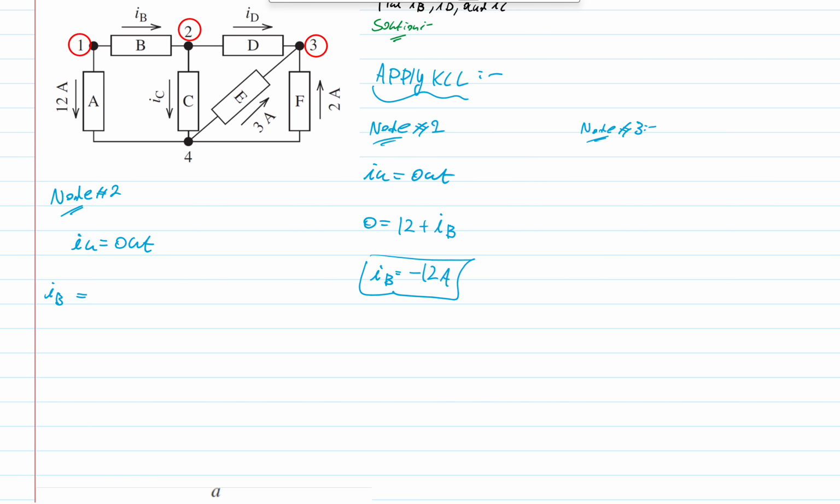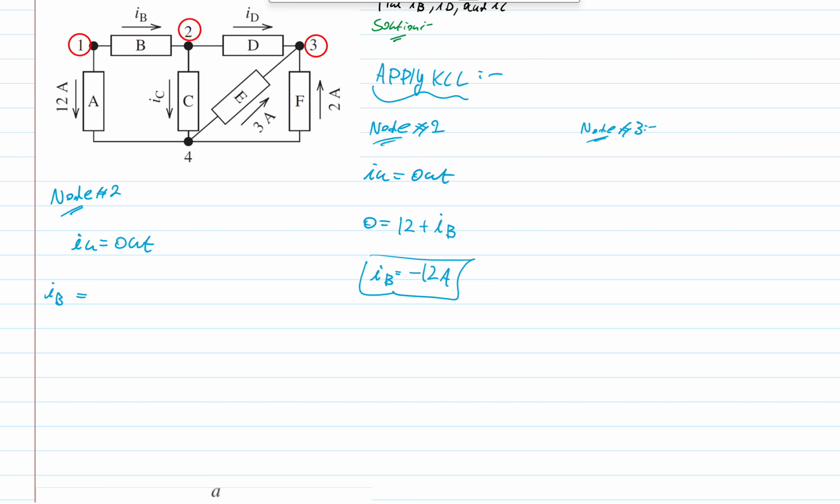So KCL. So this is going to give us V1 is equal to how much? 8I1. V2 is how much? 3I2. This is the second current. V3 is going to give us how much? 6I3.